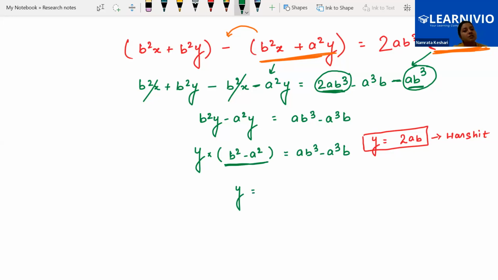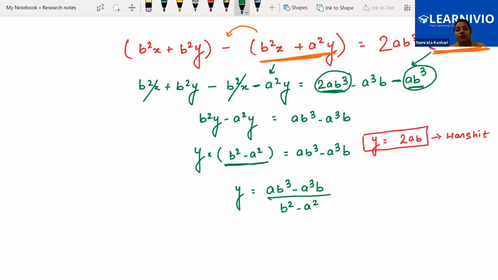What we do, we just shift it to other side, and multiplication becomes division on the other side, so it will directly go in the denominator. Yes or no, Ziana? Yes, ma'am. It will go in the denominator, so we will be having ab cube minus a cube b over b square minus a square. Is it clear so far?